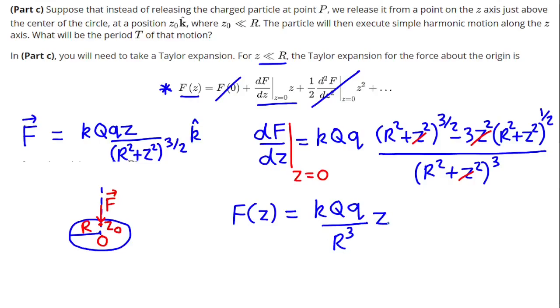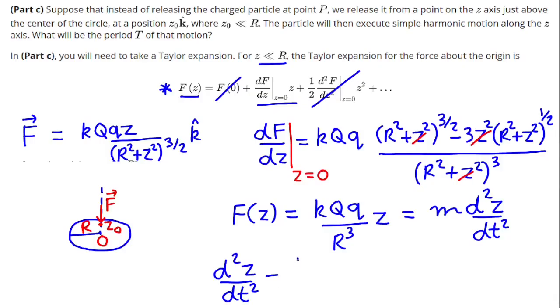And the force is equal to the mass times the acceleration of the particle, being the second derivative of z with respect to time, and dividing through by m, and then subtracting the force from both sides, we get the second derivative of z with respect to time, minus kq on m r cubed times z is equal to 0.